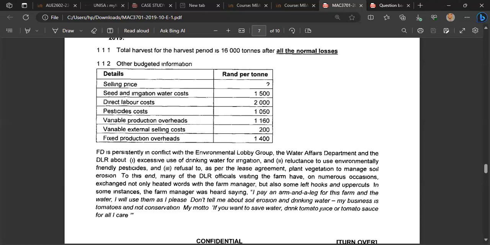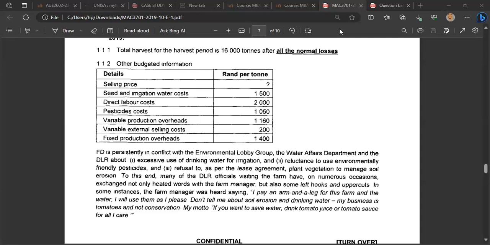So now I'm going to go to my spreadsheet and type in the calculation. You are not going to be able to see that now because I'm minimizing the screen so I can type while I'm speaking. Pity on this question paper we can't copy, right? So it's seeds and irrigation, I'm just taking them one at a time, and then direct labor costs, and then pesticides, and then variable production overheads, and then variable external selling costs.